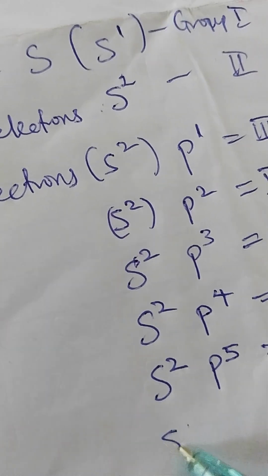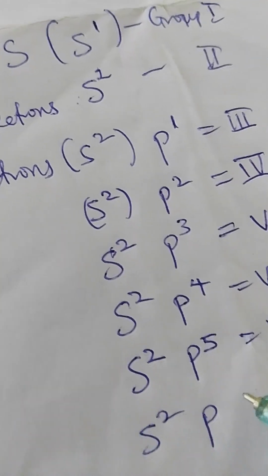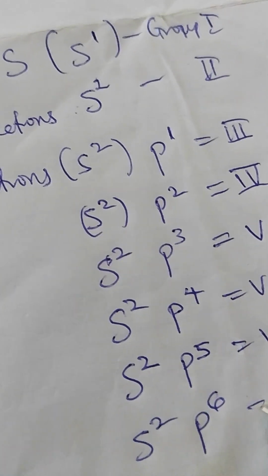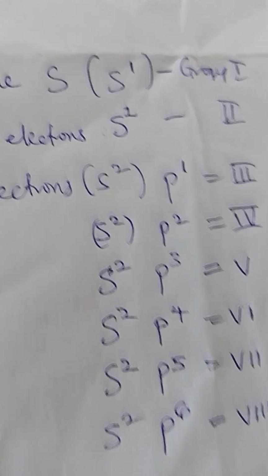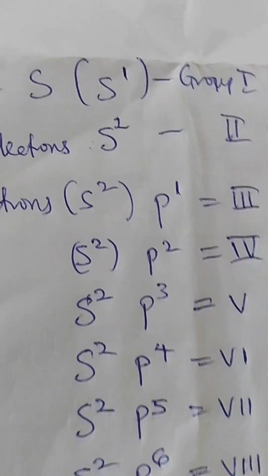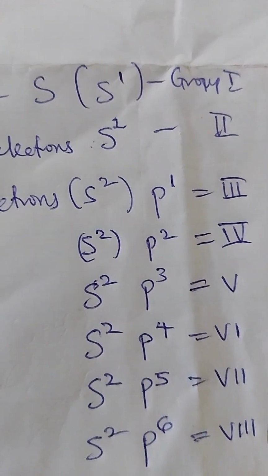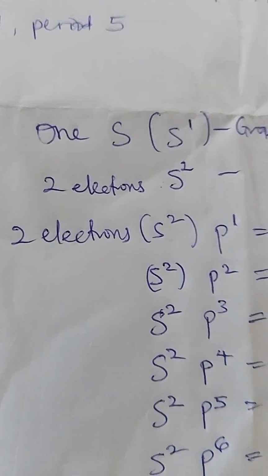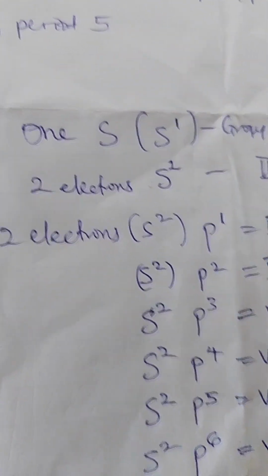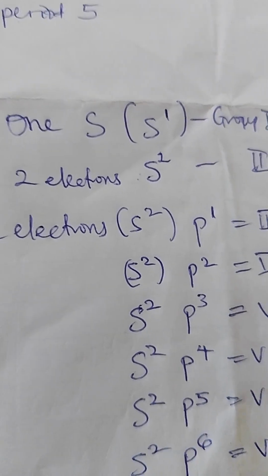Then if you have 2 electrons on the s orbital and the p orbital is saturated with 6 electrons, then that is group 8, or you say group 0. So when you have these electronic configurations, that is how to identify the group the element belongs to. This is for group. All right?